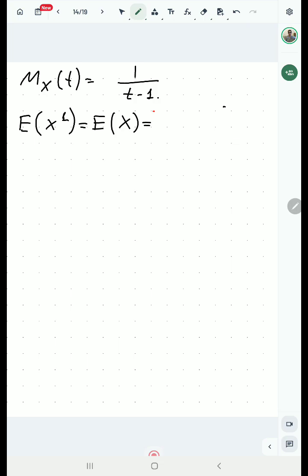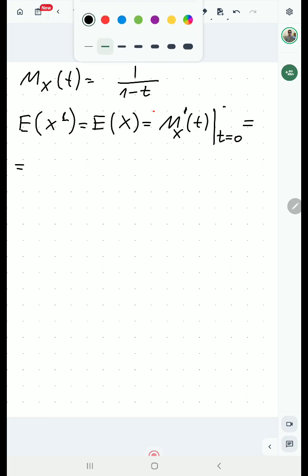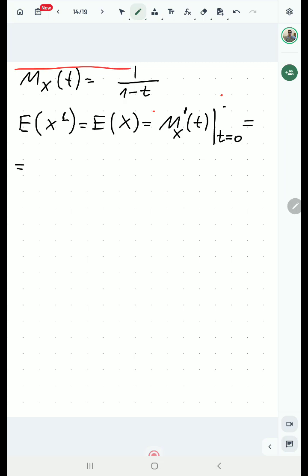So you just take the derivative once of this function, and then evaluate the derivative at t equals 0. I'm sorry, I made a mistake here. It's actually 1 over 1 minus t. This is the moment generating function. Let me put it into the red box.